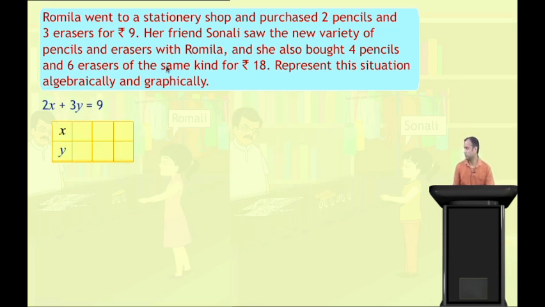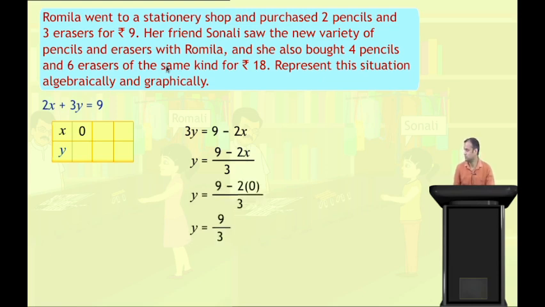Now we'll draw the graph of this equation. It is y equals (9 minus 2x) upon 3. Here we will put x equals 0. So we get y equals 9 upon 3, or it is y equals 3. And if we put y equals 0, then we'll get the next value. So these are values of x and y.